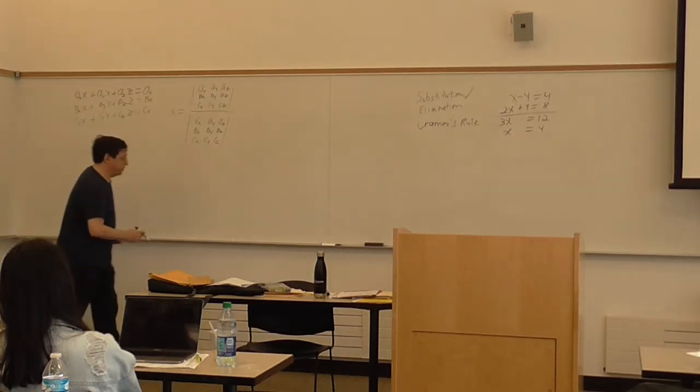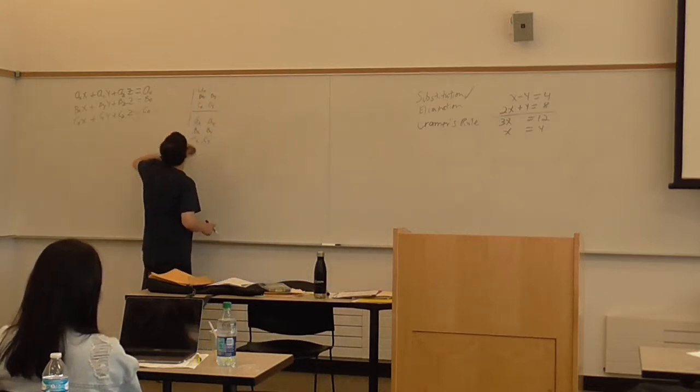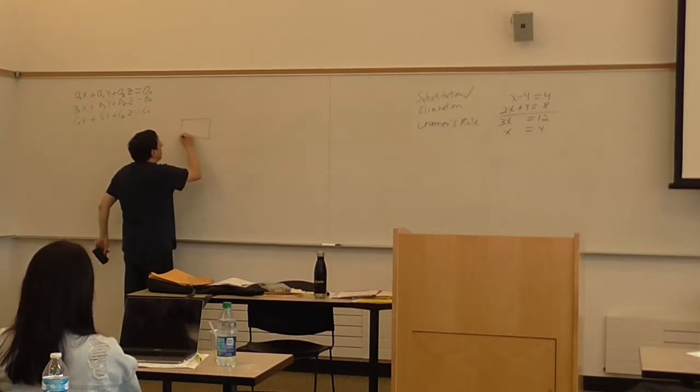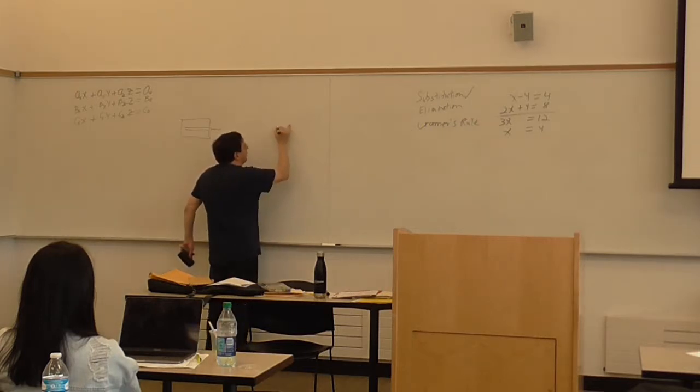LASIK is a machine which, they have a box with a laser in it. It shoots a laser beam out, and you're sitting over here, smiling, I guess, but looking up.